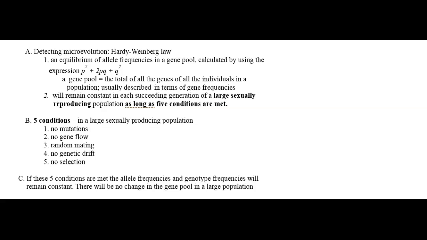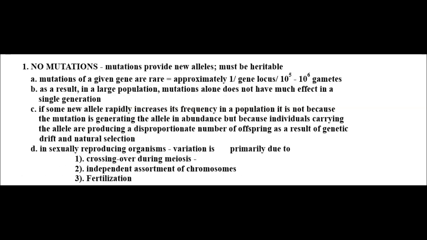Okay, so let's go look at those 5 conditions. The reason why we're looking at these 5 conditions is because we need to keep the allele frequencies stable. So if they're stable, there's going to be no change in the gene pool in a large, sexually reproducing population.